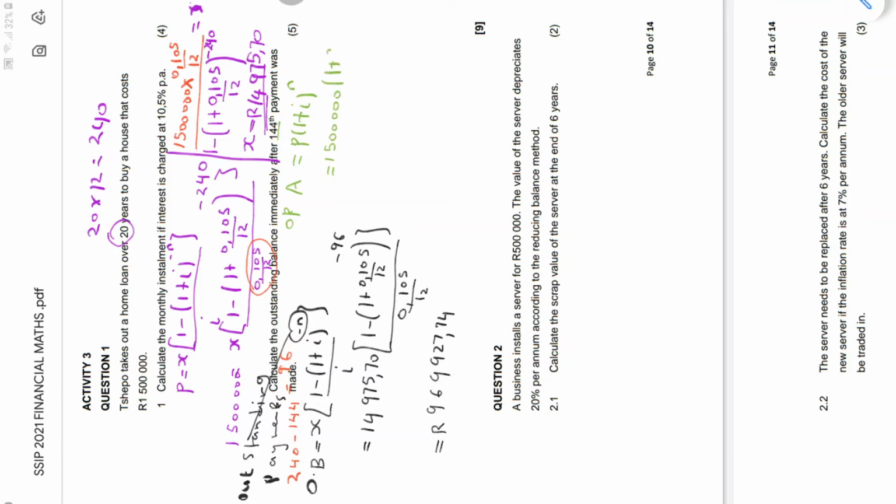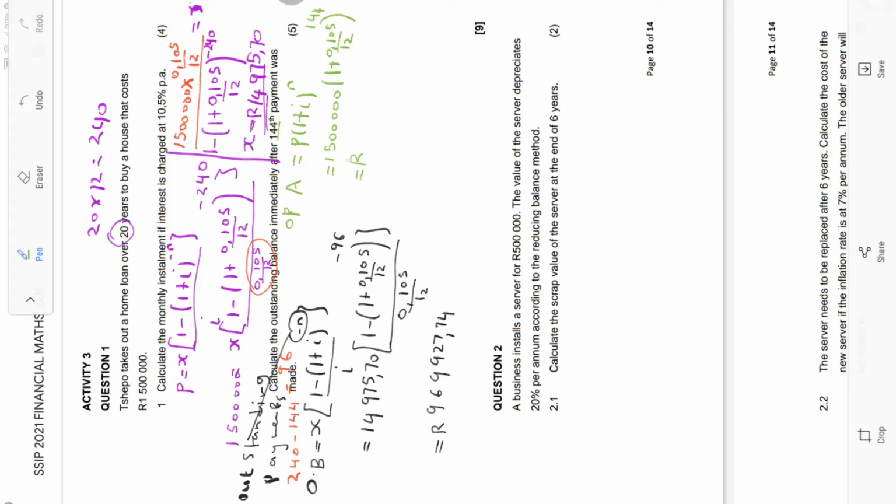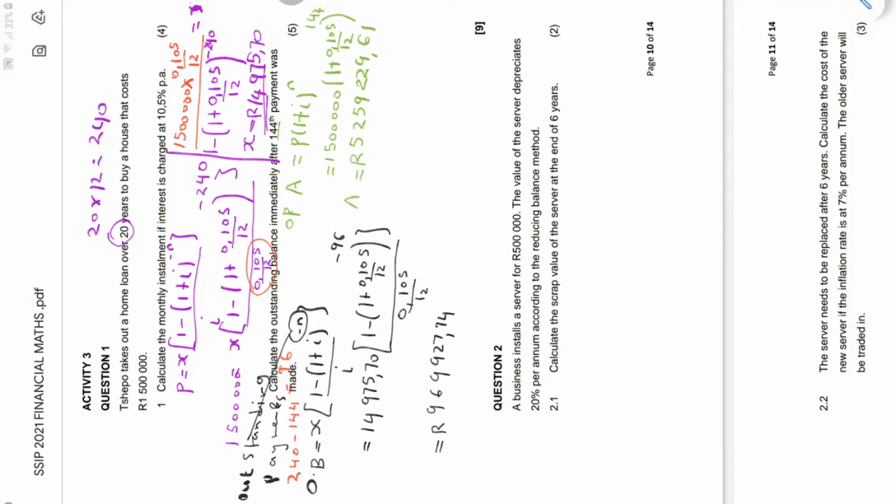The interest is still the same, to the power of 144. And once you do that, the accumulated value of the loan will be 5,259,229.61. So that's the accumulated amount of the loan.